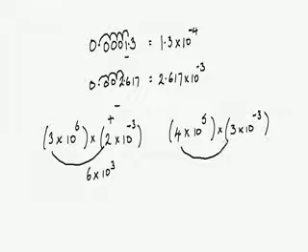So 4 3s 12 times 10. Now we've got 10 to the power of 5 times 10 to the power of minus 3. So we're going to add the powers. So I put in the plus there. So 5 plus minus 3. A plus and a minus is a minus. So 5 minus 3 gives me 2.